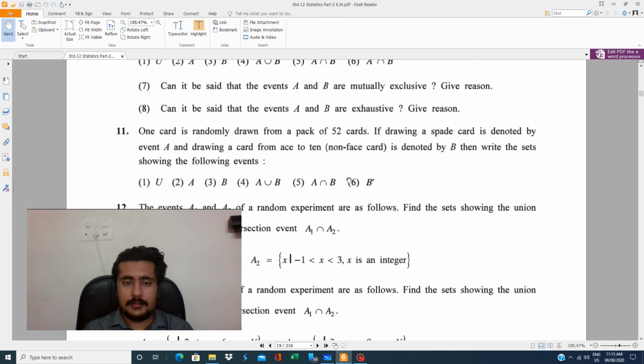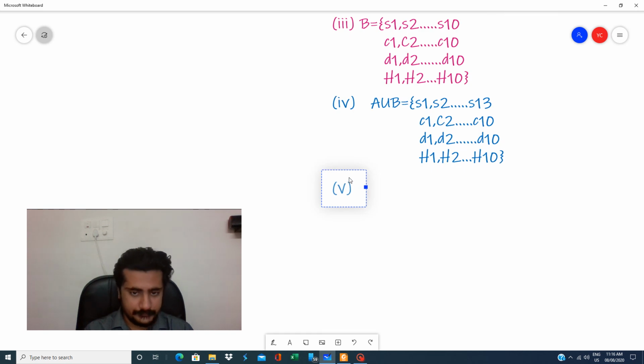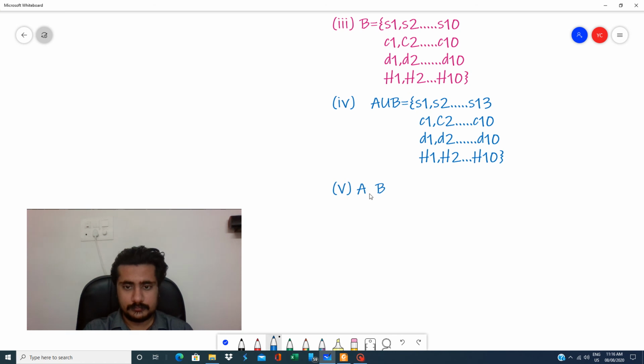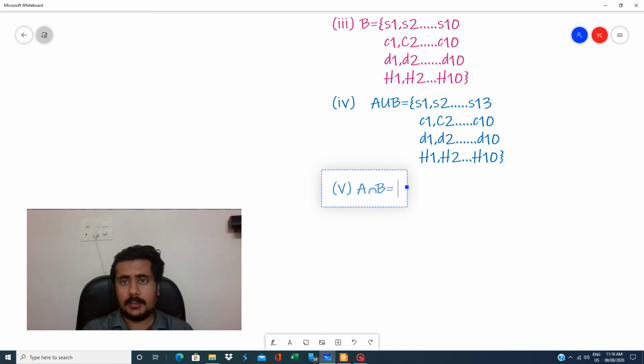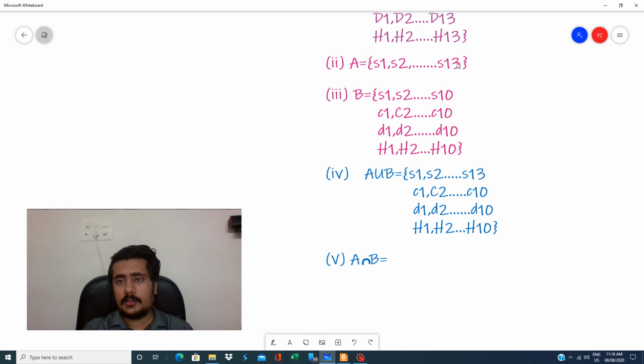Then fifth is the intersection. Now what is intersection? Intersection is the common element between A and B. You can see what is common. See S1 to S13, S1 to S10.